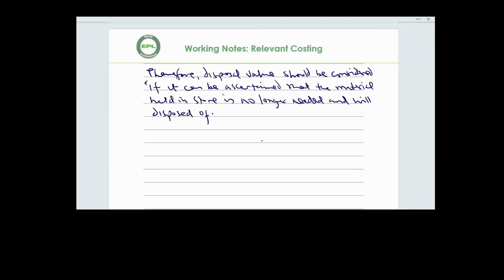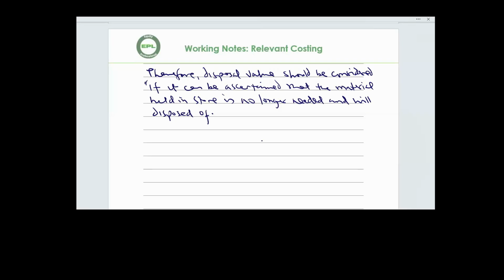In fact, examiner can go to a very deep extent, telling you that, okay, this material is toxic, right? So examiner is simply trying to test your understanding. Because you have seen that it is toxic, and then to dispose of at a cost, you then believe it's going to be a cost. It is not. Disposal value is not a cost, it's a saving.